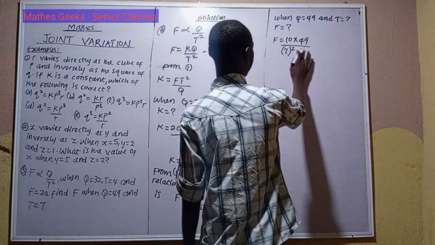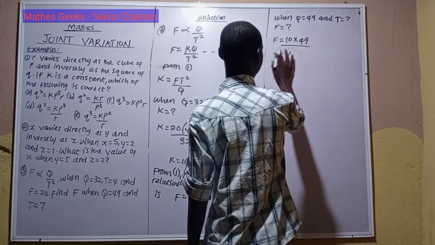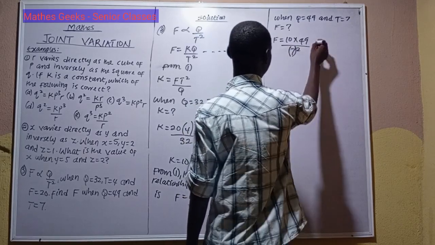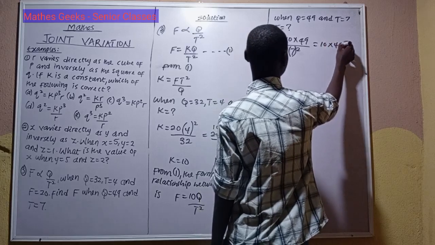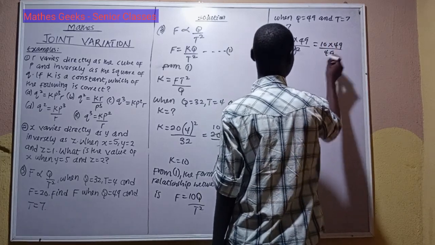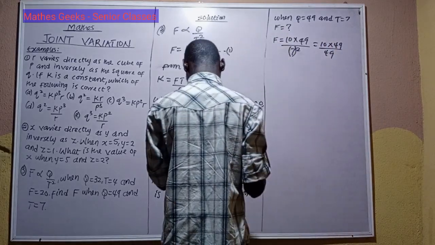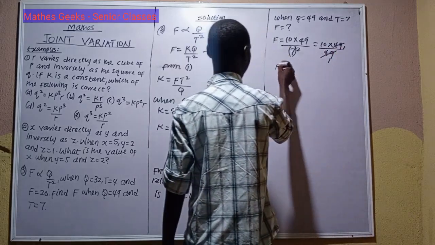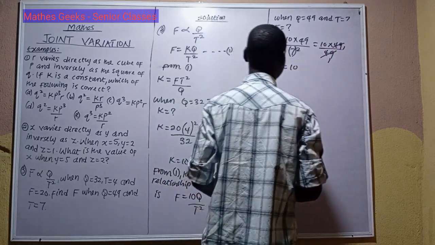That's 7 squared, which is 49. So that's 10 times 49 over 49. So we have 49 over 49 as 1. F is equal to 10.